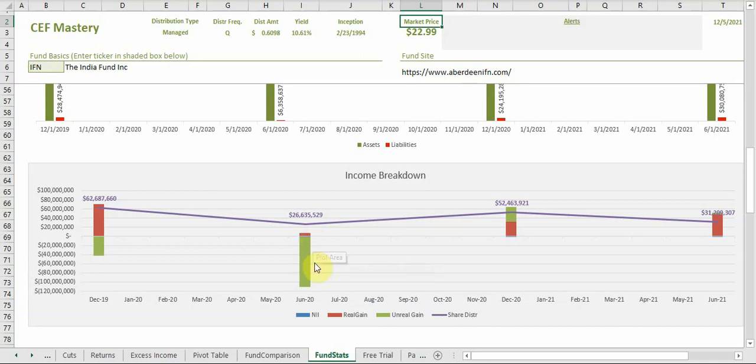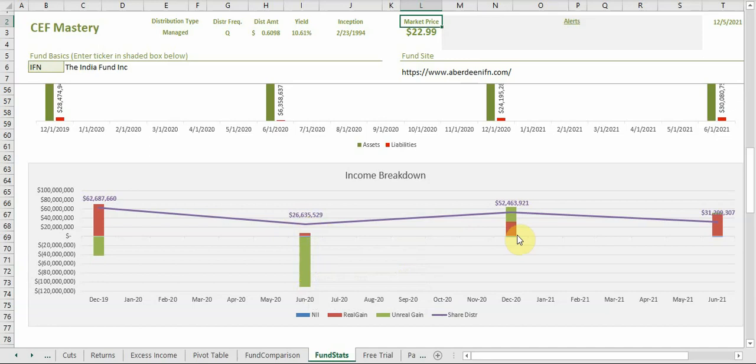So it is not surprising at all that this is way in the negative. You can also see that thin blue line, which is the amount of net investment income earned by IFN, and then the realized gain for that period. But you can also see that it was considerably lower than the actual shareholder distribution that they paid out.